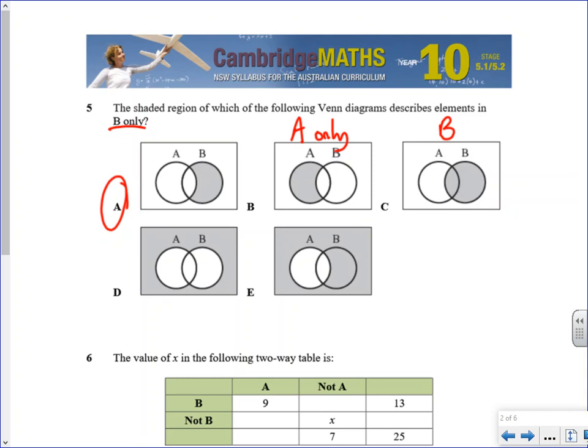So that means this is just saying neither. And then looking at this last one, E, well, basically we're seeing that everything is being shaded except the A, so this is essentially saying not A, because that means we could be B only, but we'll also talk about the neither. The question's only asking for elements of B only, so we're only looking at where is the B circle being shaded.